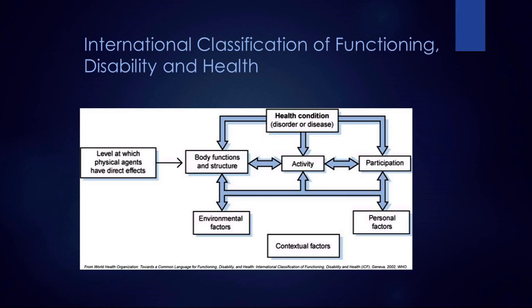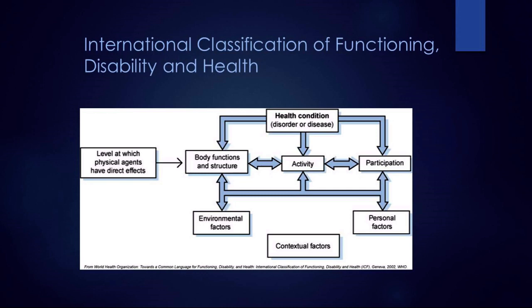So this is in chapter 2 of the book. I thought it was pretty interesting. It's the International Classification of Functioning, Disability, and Health. You see, there are a lot of factors affecting people's activity levels and what they can do. Their body functions and structure can affect it, and that's where the physical agents have their effect.